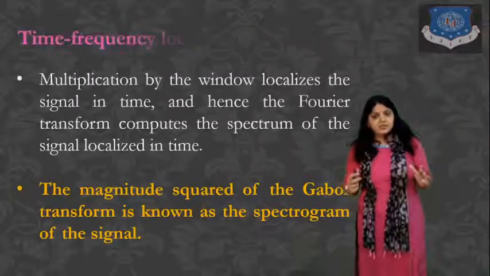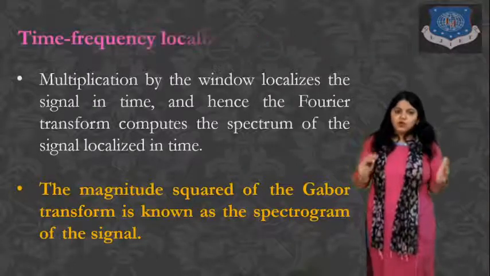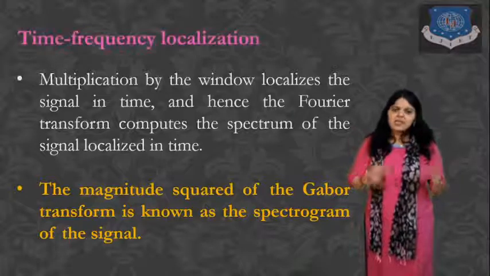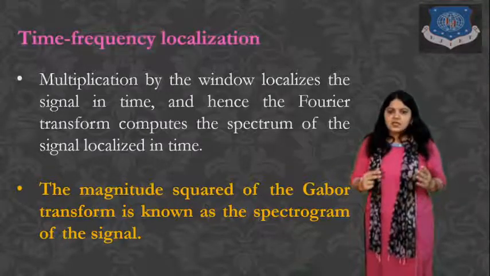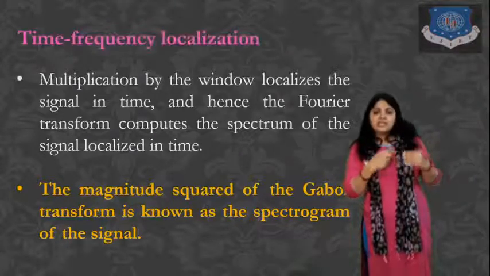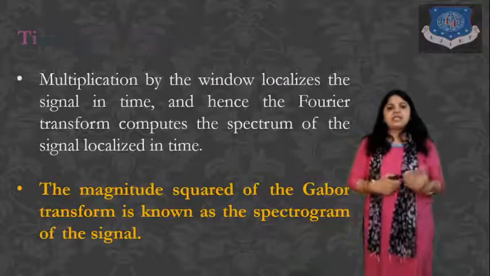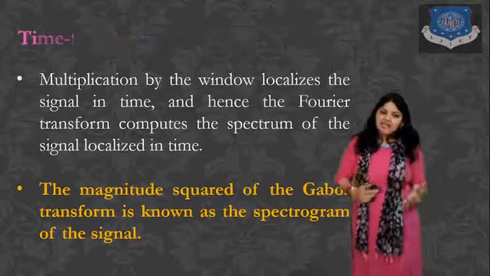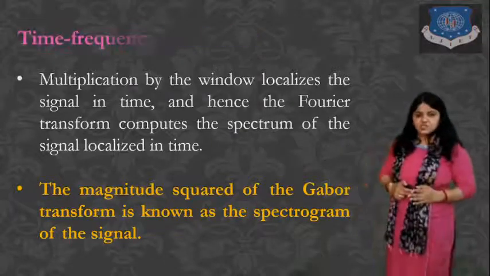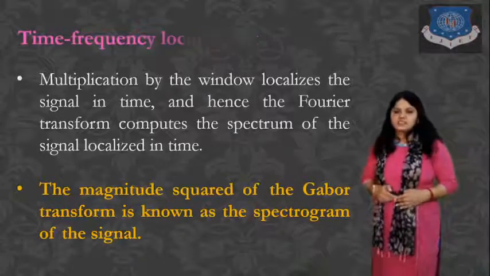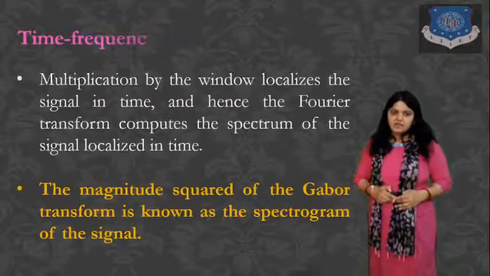So multiplication by the window localizes the signal in time, and hence the Fourier transform computes the spectrum of the signal localized in time, and the magnitude square of the Gabor transform is known as the spectrogram of the particular signal.